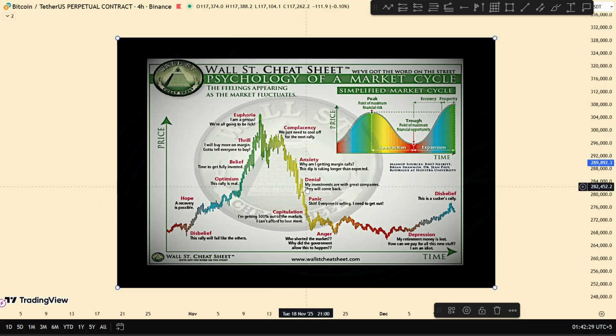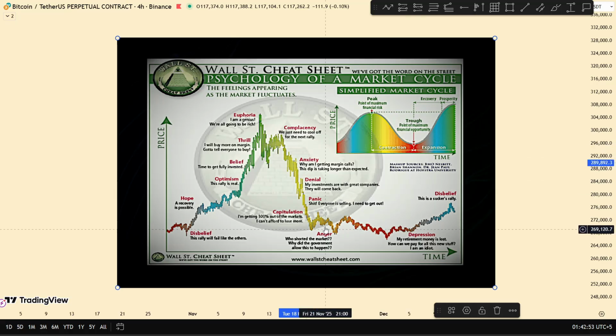Now, this is where greed and fear both intertwine. They both work in tandem, and that is how and why the markets move the way they move. And this is a cycle. We start, we retrace, we come back, and then the next cycle starts.